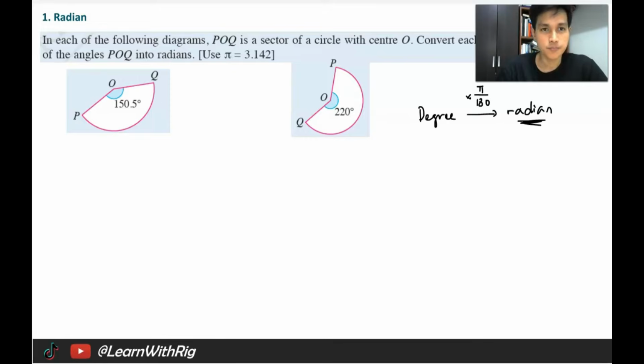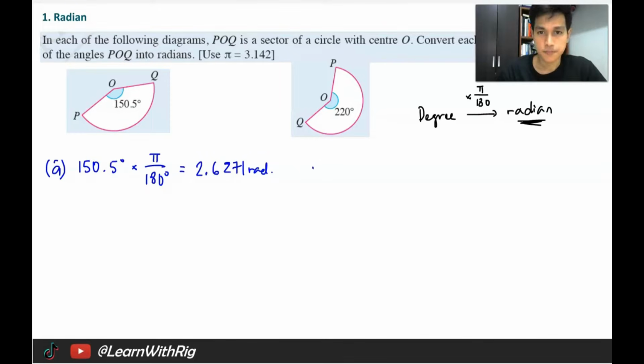Now first question, A, 150.5 degrees. If you want to convert to radians, you must multiply by pi over 180. Just key in your calculator and you get the answer.